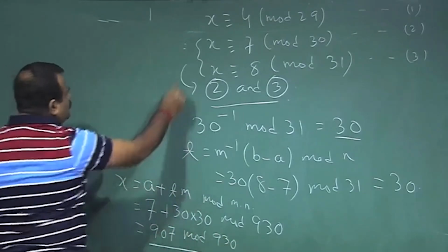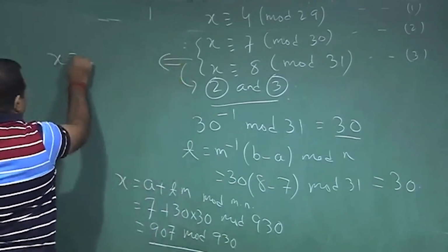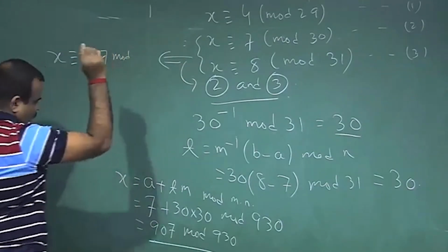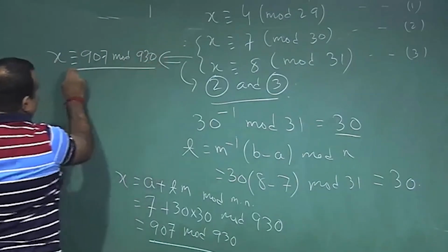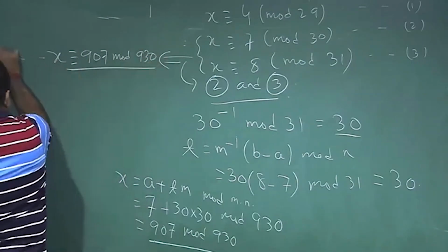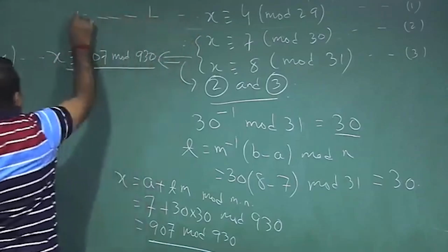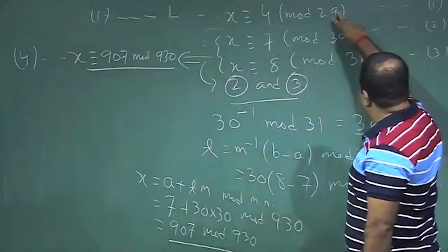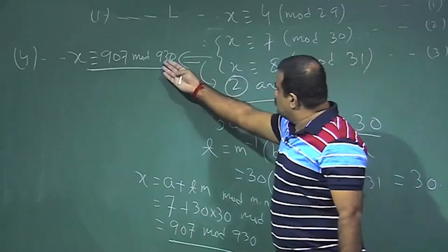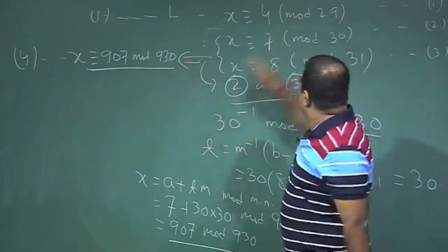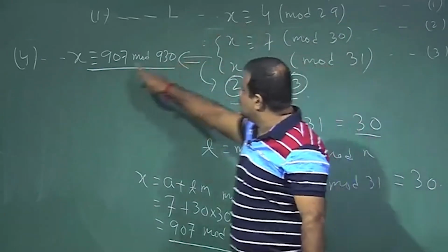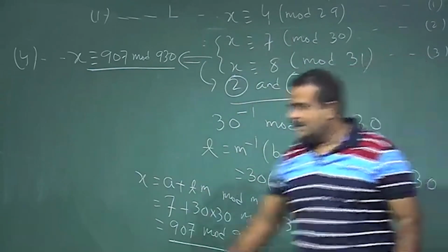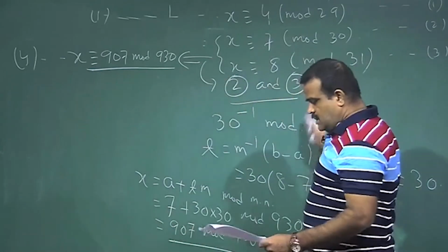So we have the solution for these 2 equations. These 2 equations give us the solution x equal to 907 mod 930. Now we have this equation 4 and we have equation 1. Again there are 2 equations and we can easily verify that because these were mutually co-prime, this is also co-prime. So now this is m, this is n, this is a, this is b. We need to solve these 2 equations in a similar fashion, and that should give us the solution. So let us try that.